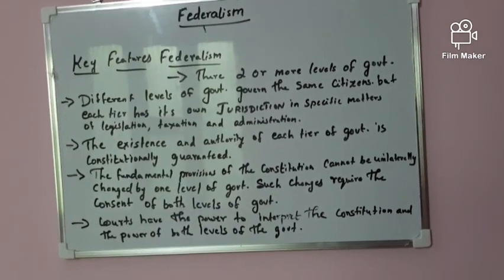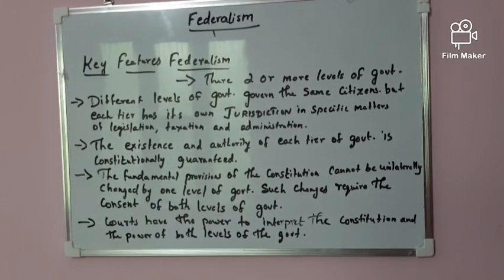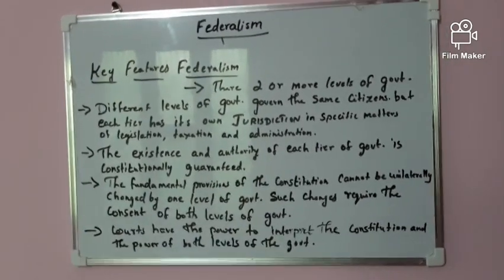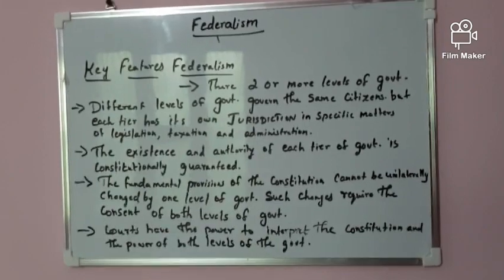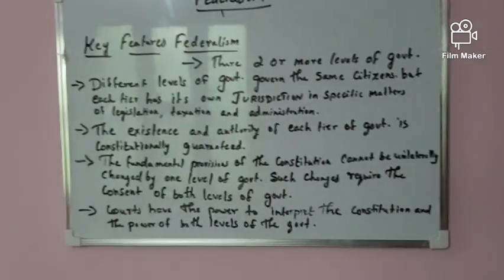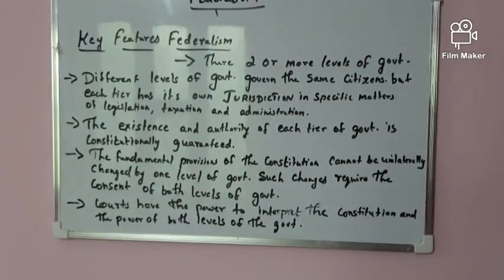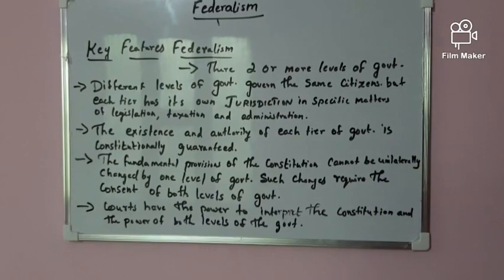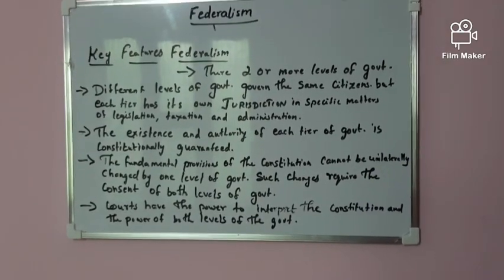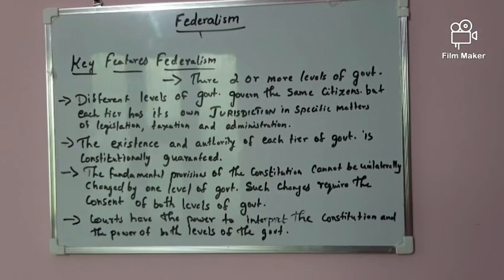Okay. Next, the fourth one is that the fundamental provisions of the constitution cannot be unilaterally changed by one level of the government. Such changes require the consent of both levels of the government. There will be some fundamental provisions which are the same for the constitution, decided by the constitution.